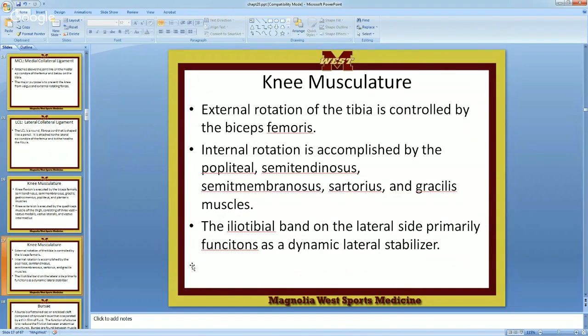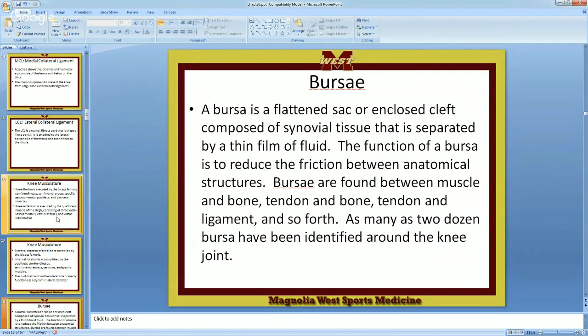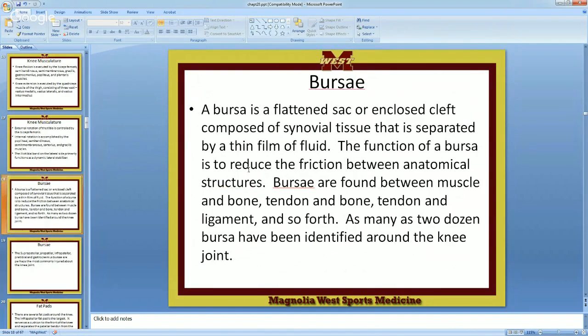Slide 17, the IT band, iliotibial band. And know that it primarily functions as a dynamic lateral stabilizer. 18, since you have so many bursa, let's talk about them. All right, know about the function.